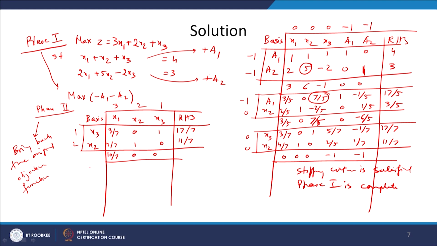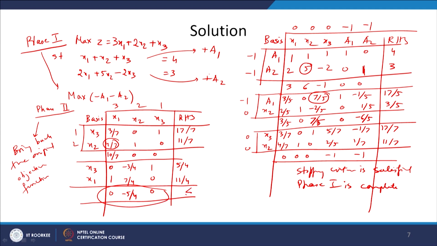Similarly, we will apply the test for the outgoing and the incoming variables and this is the pivot and in the new iteration the basis will be x3 and x1 and what do you find? You find 0, 1, minus 3 by 4, 7 by 4, 1, 0 and right hand side is 5 by 4 and 11 by 4 and the deviation entries, you find, are all less than or equal to 0.